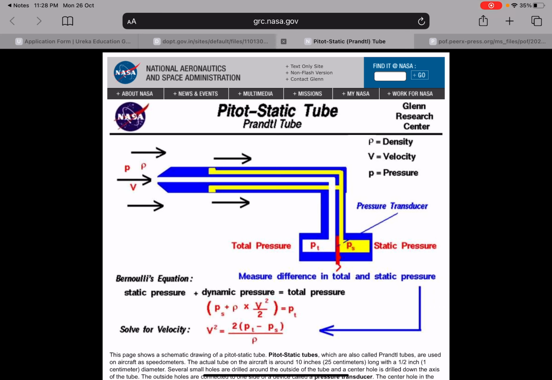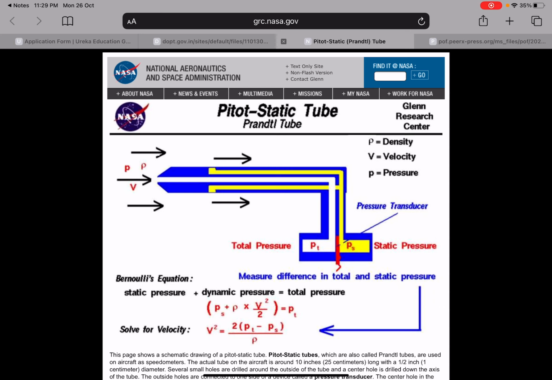And in this tube, there's a small hole on the side. So that side measures what we can see here as the yellow part. And there are holes all along the circumference. So the yellow part measures only the local pressure, the static pressure at the point, whereas the white tube measures the stagnation pressure.